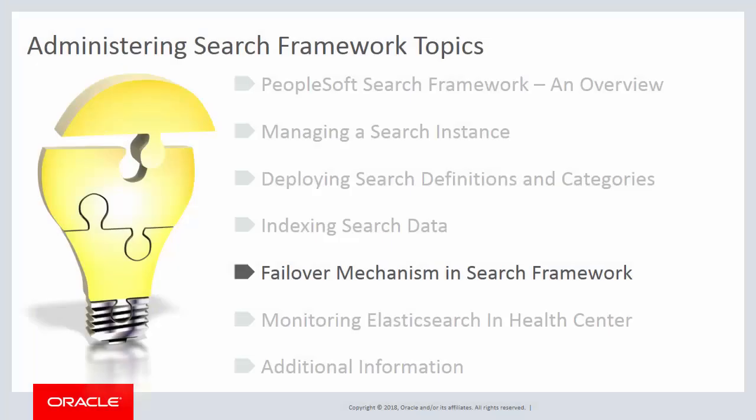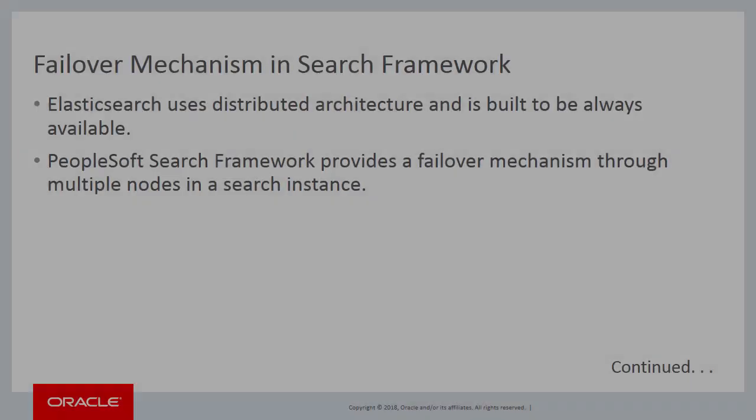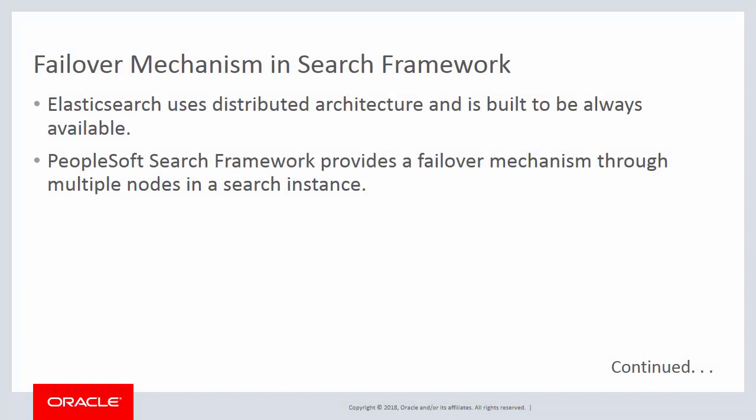Let us now discuss the failover mechanisms provided by Search Framework and Elasticsearch. PeopleSoft Search Framework uses the Elasticsearch search engine to provide functionality. Elasticsearch is distributed by nature, that is, it knows how to manage multiple nodes and manages failover through primary shards and replicas.